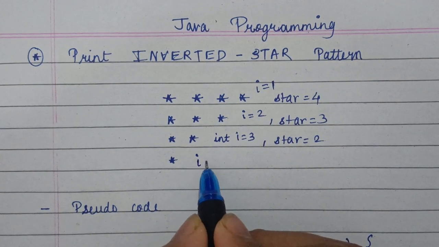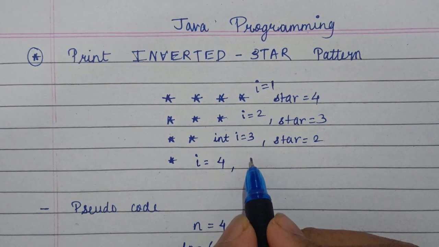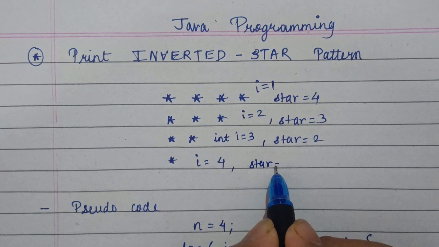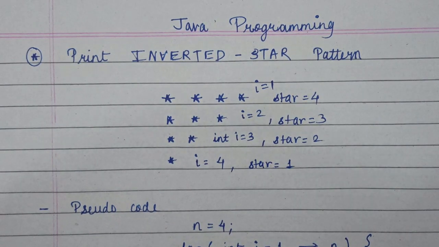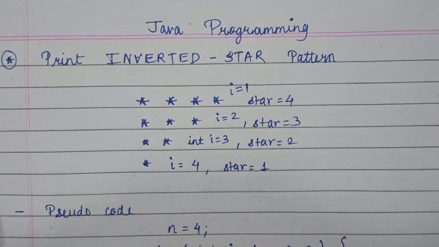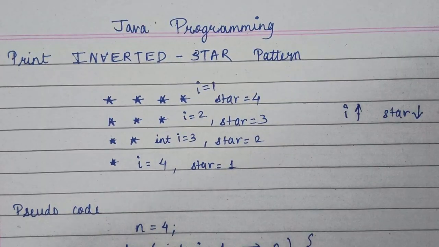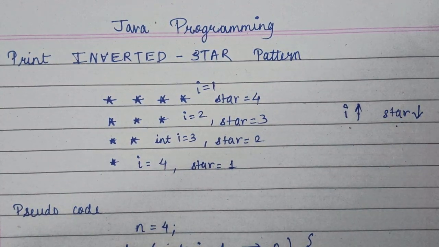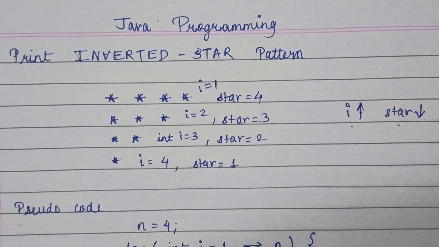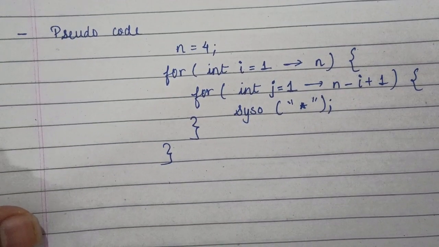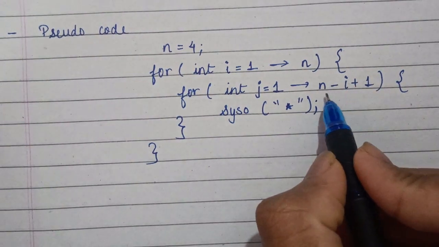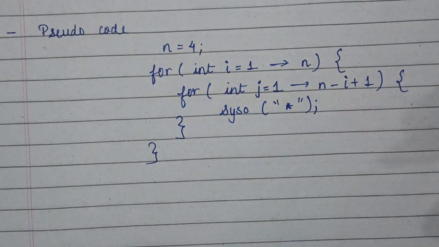Then i is equal to 4, stars will be 1. Okay, the relation will be: as the i value increases, the stars decrease. Okay, so I have created this relation.